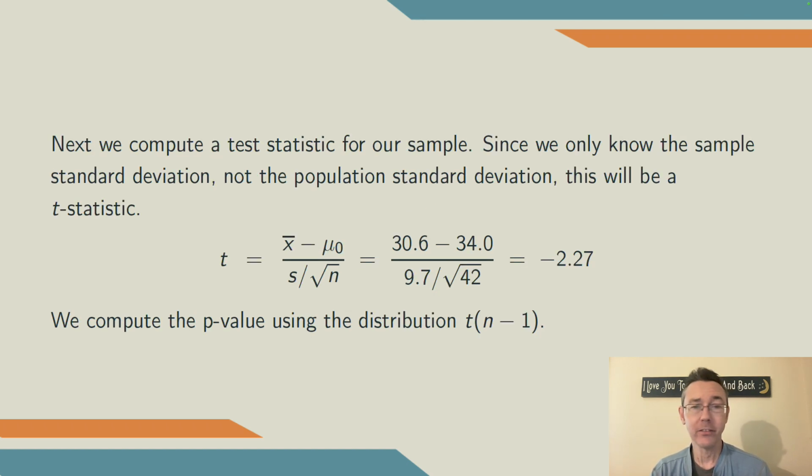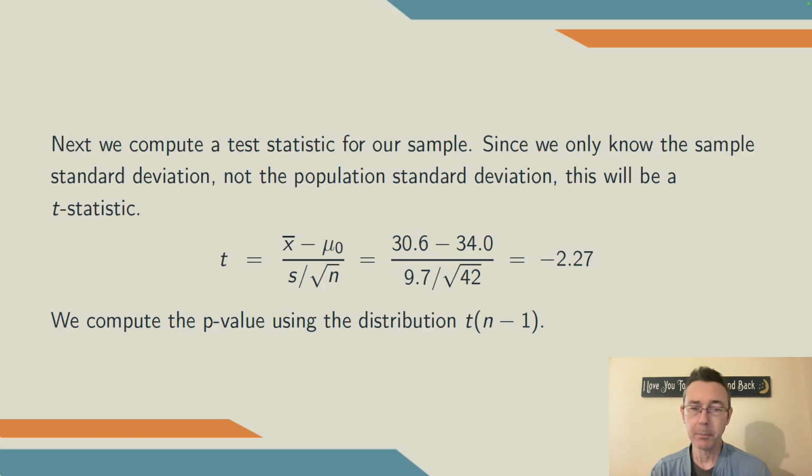Next, we compute a test statistic for our sample. And since we only know the sample standard deviation s, not the population standard deviation sigma, this is going to be a t-statistic. The formula for it is x bar minus mu naught divided by s over root n, where x bar is our sample mean, mu naught is the population mean under the null hypothesis, so basically the null hypothesis value, s is the sample standard deviation, and n is the sample size.